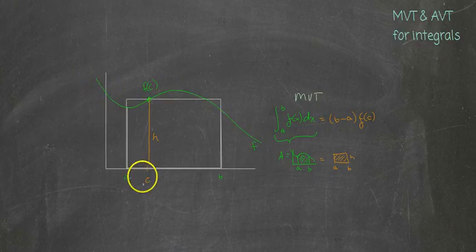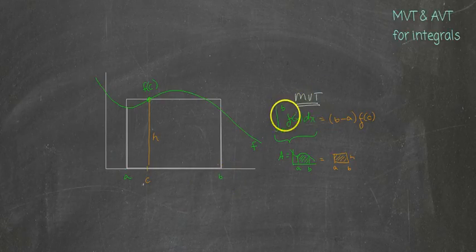And further, c must fall in the interval between a and b. So the mean value theorem gives us an existence of c and f of c.